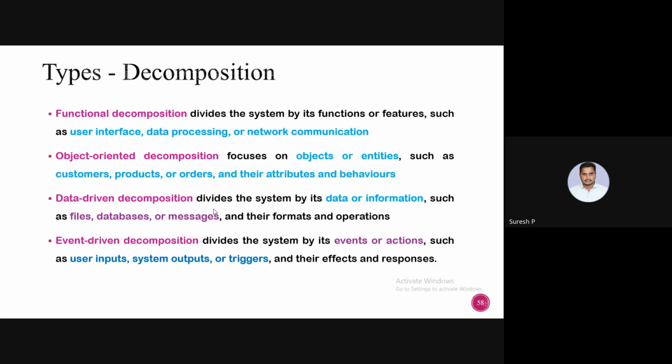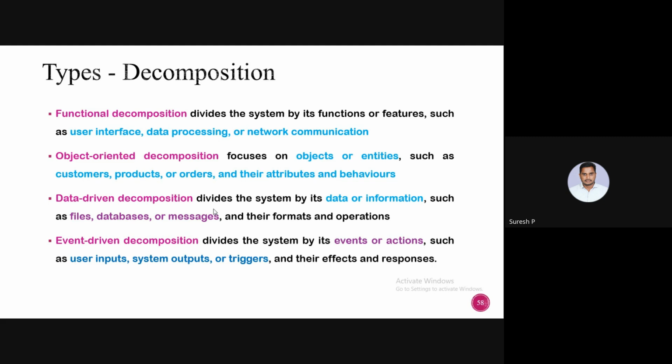Then object-oriented decomposition means, for example, if you take a bank application, the bank is the real-world entity. In the real world, we will have a set of objects acting as stakeholders for the bank. For example, customers will be there, and among customers we will have different levels: savings bank customers, current account customers, and loan account customers.